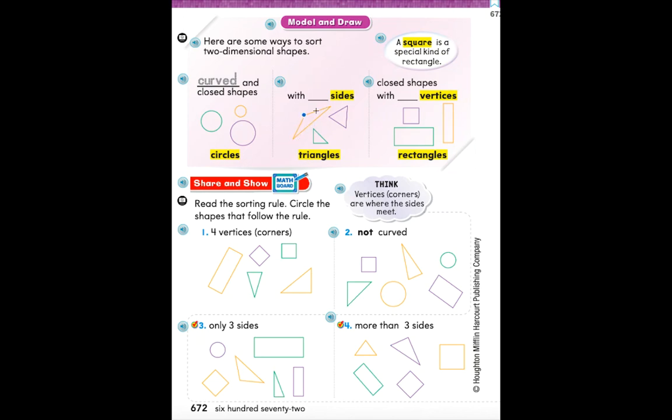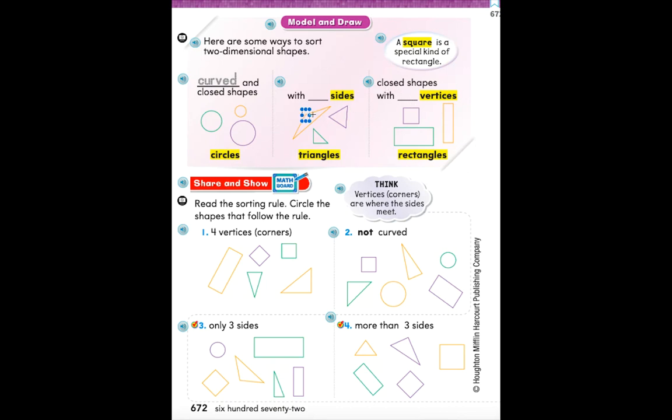One, two, three sides, and the point where two sides join is called a vertex, or vertices. This joining point, this part where it is getting joined, is called the vertices.